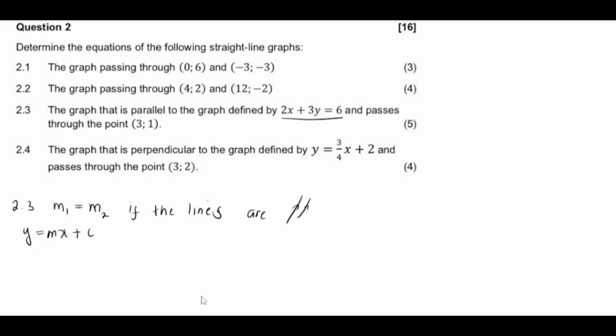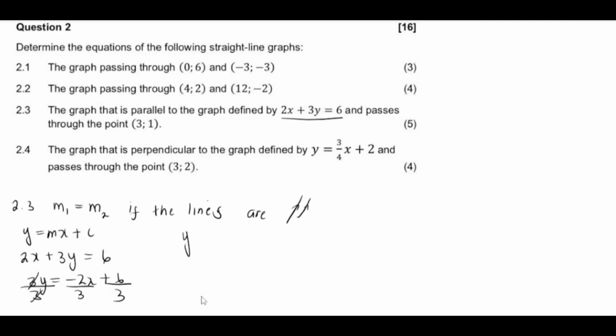Let's simplify. Our equation is 2x plus 3y is equal to 6. We move the 2x to the other side and we have 3y is equal to minus 2x plus 6, and we divide by 3 throughout the expression so that we're left with y only.